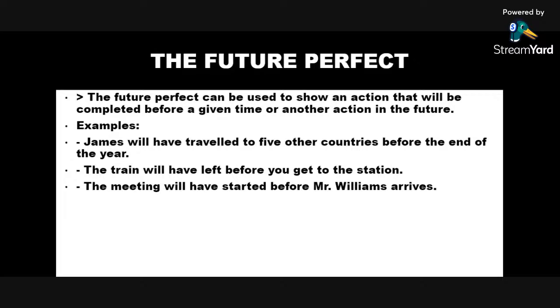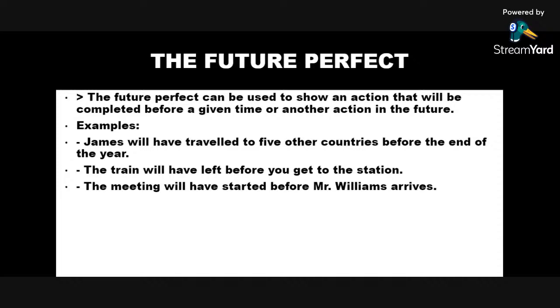Please, I don't want to cover this entirely. So the train leaving is one thing, then you getting to the station is another. So these are two things.